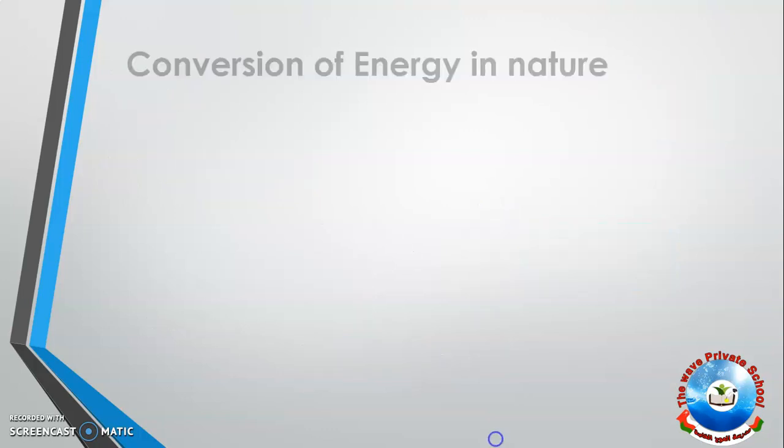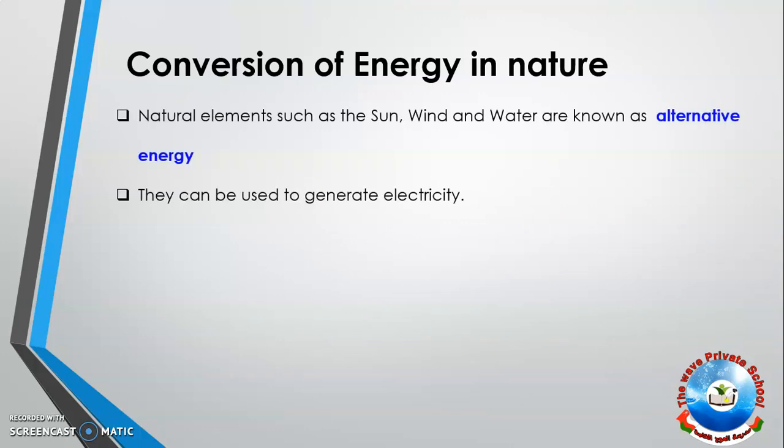So coming to the next topic, conversion of energy in nature. Natural elements such as the sun, wind and water are known as alternative energy. That means we all know that the sun is the main source of energy, like that wind, water and fossil fuels.